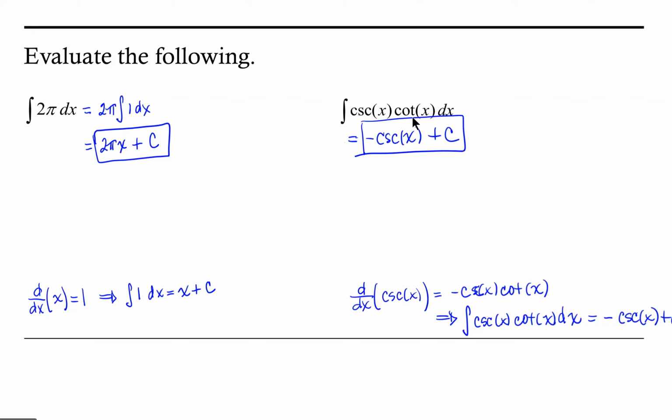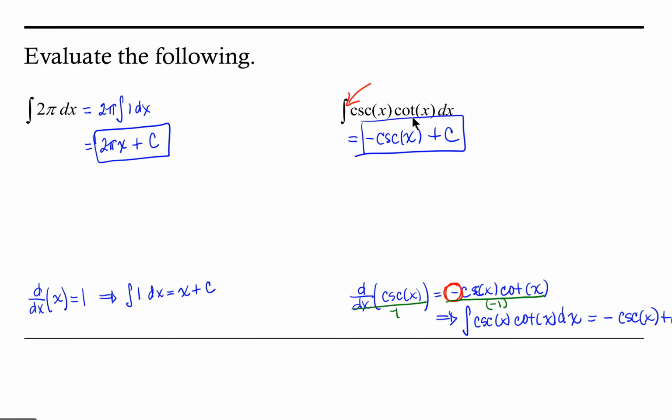Make note that the derivative of the cosecant function has this negative sign, and our original integrand did not have a negative sign. What we can do is simply think to ourselves, what if I were to divide both sides of this relationship by negative 1?